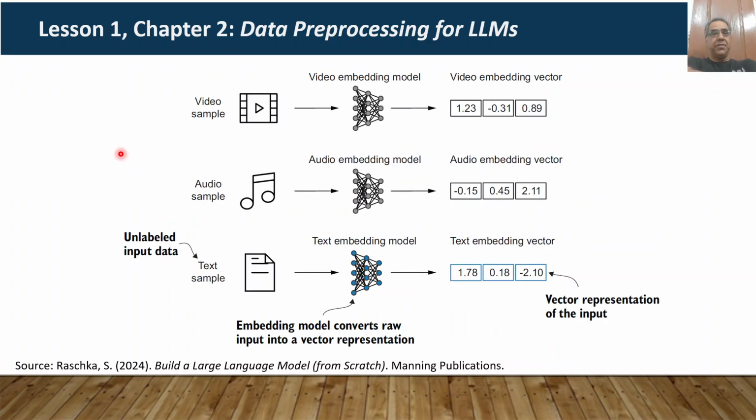First, let's review some background about embedding in machine learning. As we all know, machine learning models cannot process data formats like video, audio, and text in their raw form.